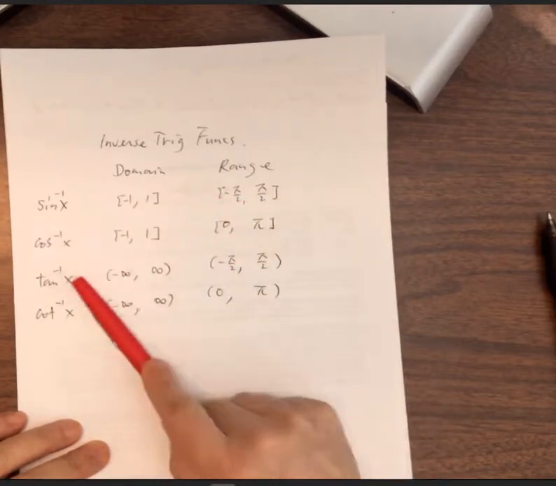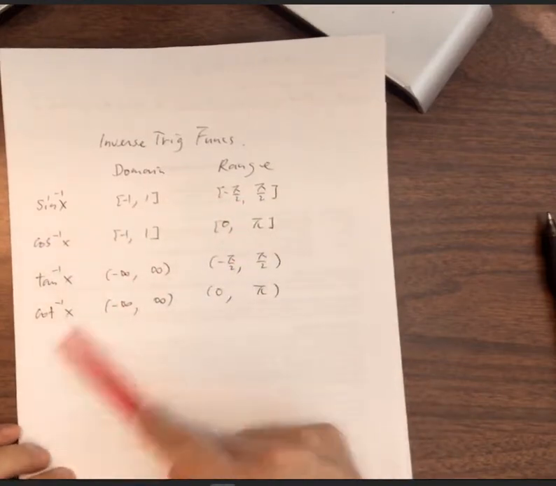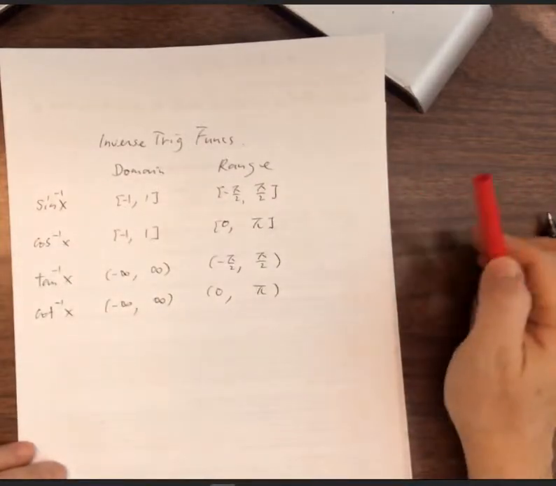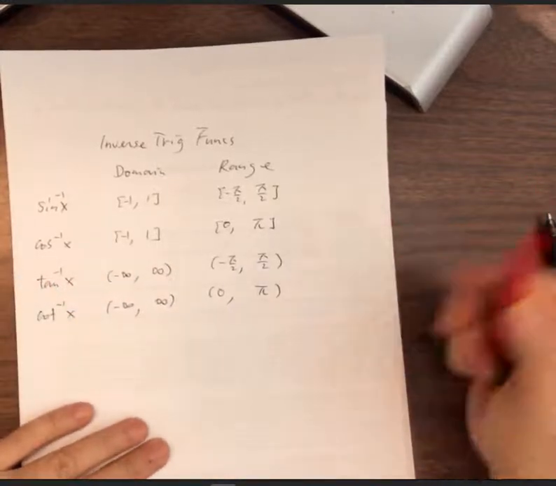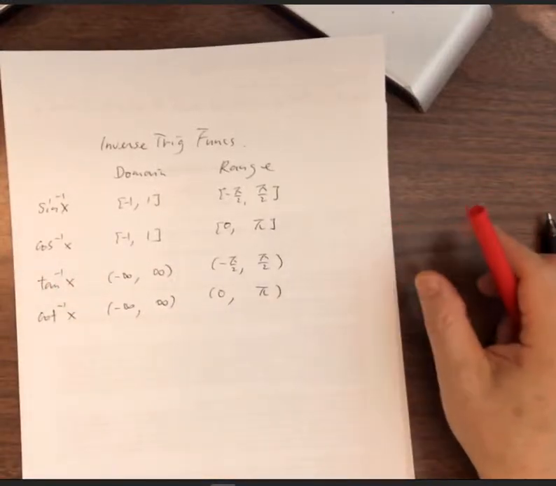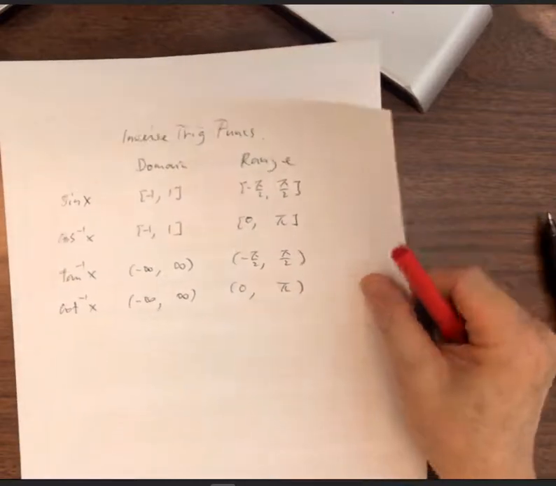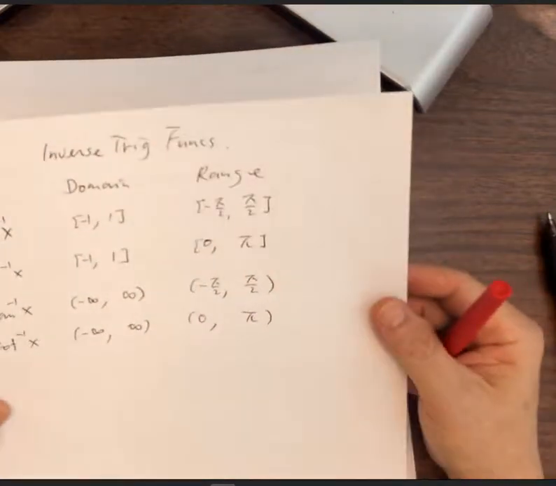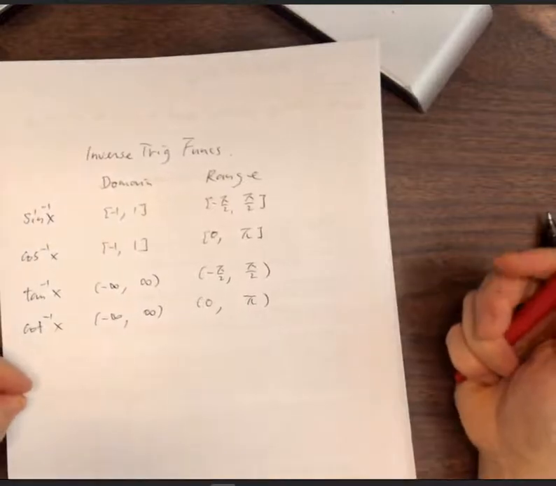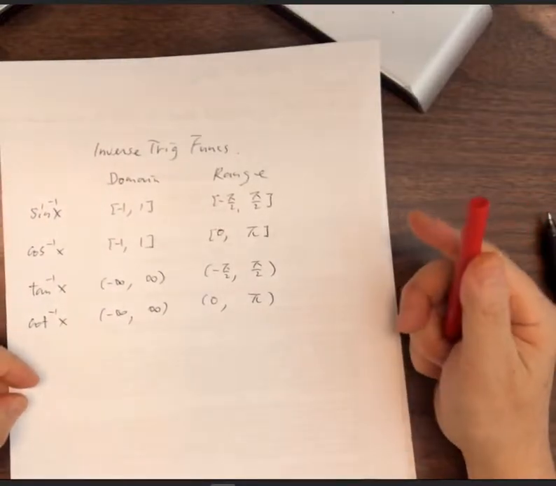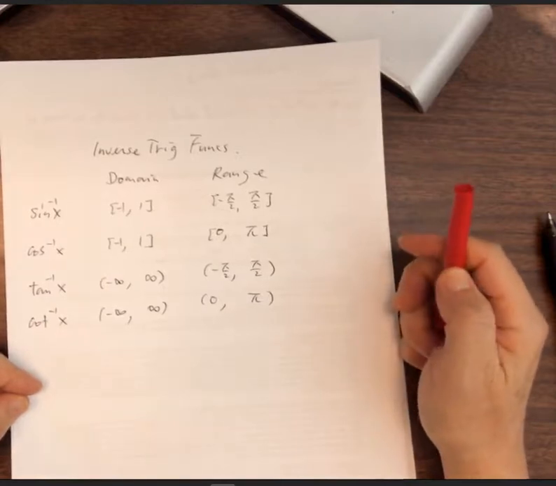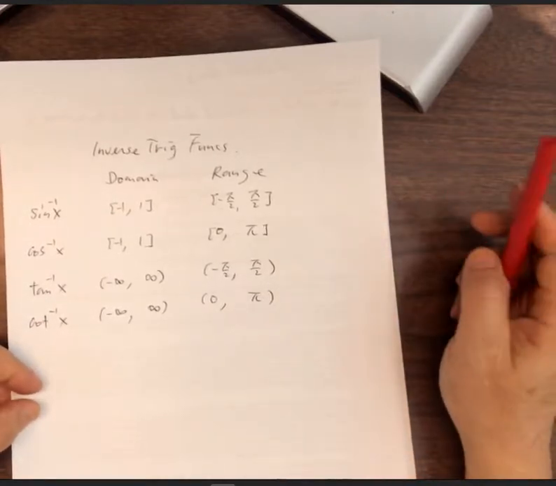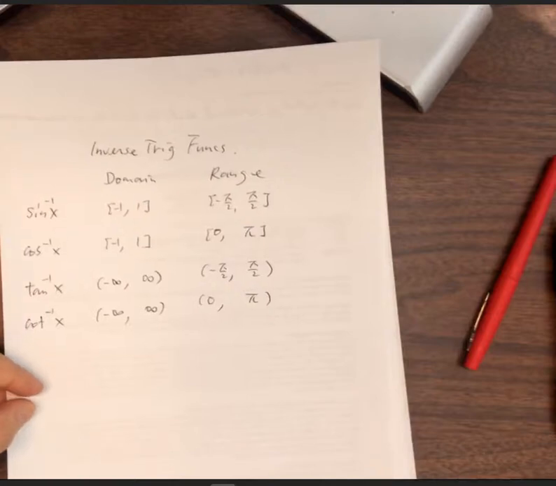There's inverse cosine, inverse tangent, inverse cotangent, inverse secant, inverse cosecant, but I don't have it here. It's not important. What's important for us is to know how to differentiate these new functions, and how to integrate problems involving inverse trig.